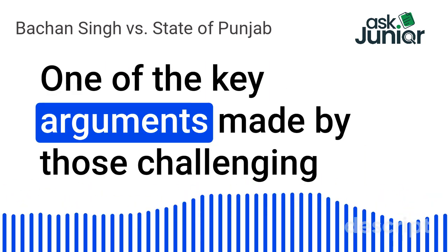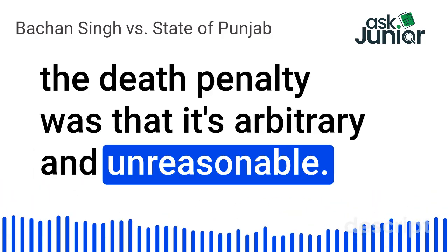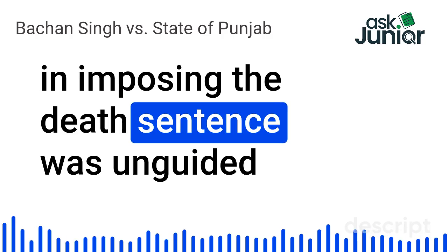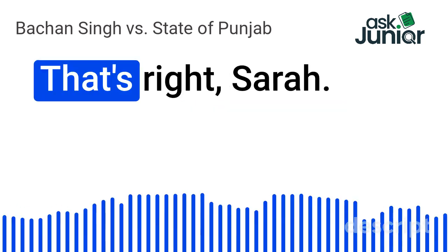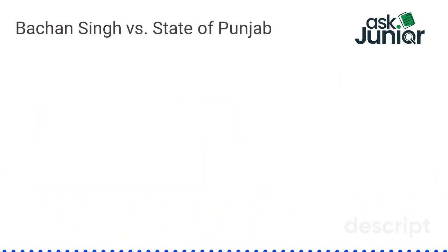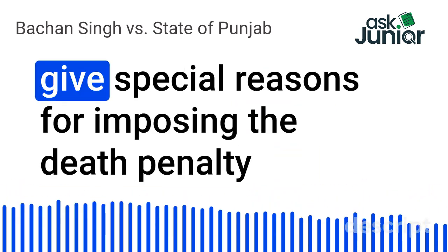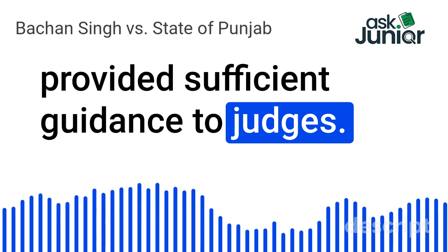One of the key arguments made by those challenging the death penalty was that it's arbitrary and unreasonable. They contended that the discretion given to judges in imposing the death sentence was unguided and could lead to arbitrary decisions. That's right, Sarah. But the majority rejected this argument. They held that the requirement under Section 354(3) to give special reasons for imposing the death penalty provided sufficient guidance to judges.